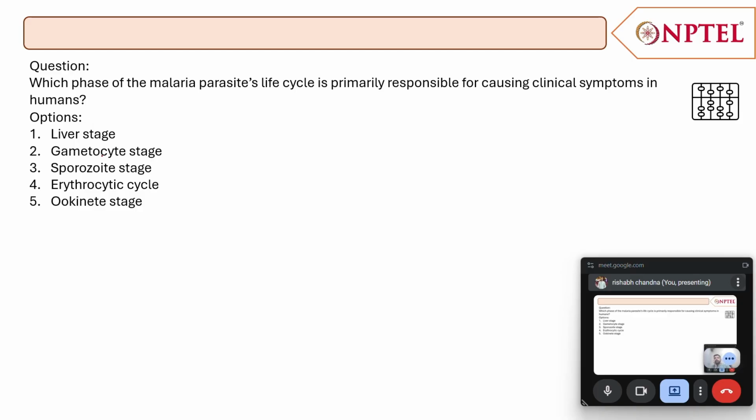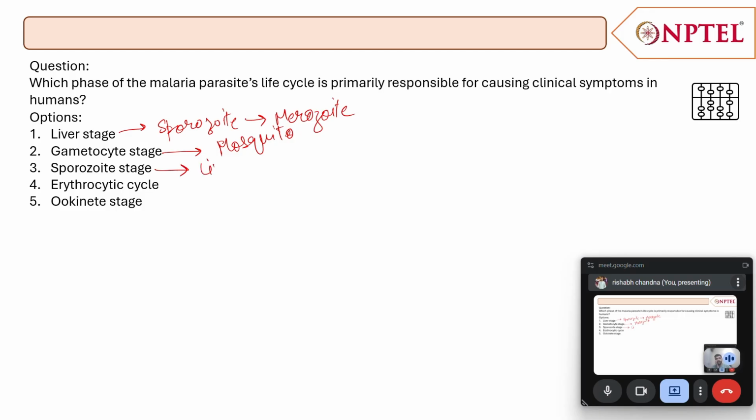In the liver stage, it basically transforms from sporozoite to merozoite, which now moves to the RBCs. In the gametocyte stage, it is taken up by the mosquito for multiplication.